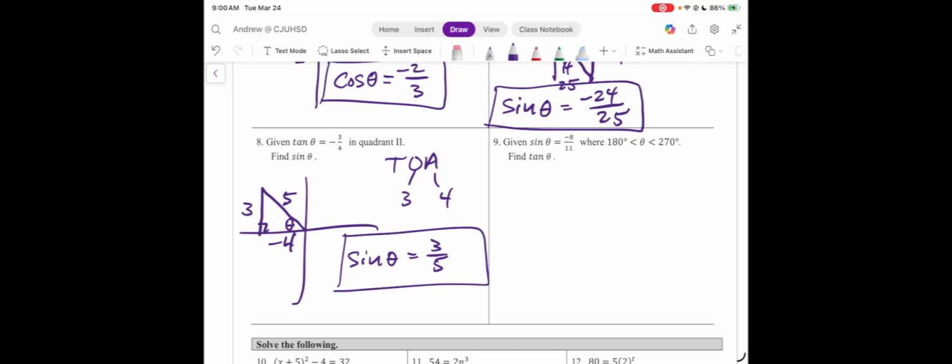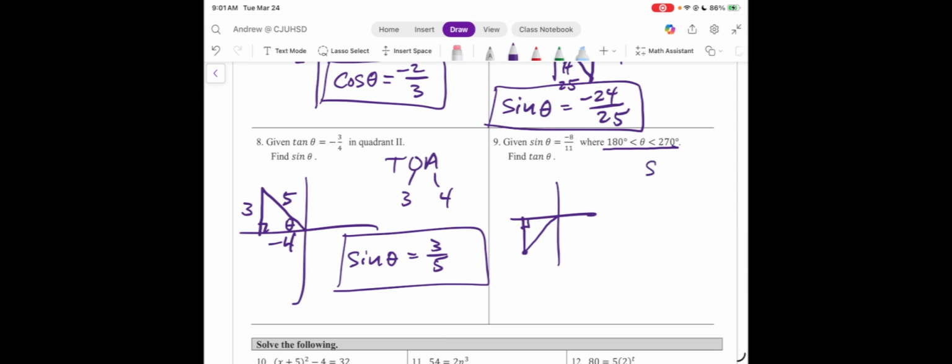Okay, and lastly, for trig, I've got some information here about where the angle is. It's between 180 and 270. That means it's in quadrant 3, somewhere over here. Okay, where the x is negative and the y is negative. But the hypotenuse will be positive, right?